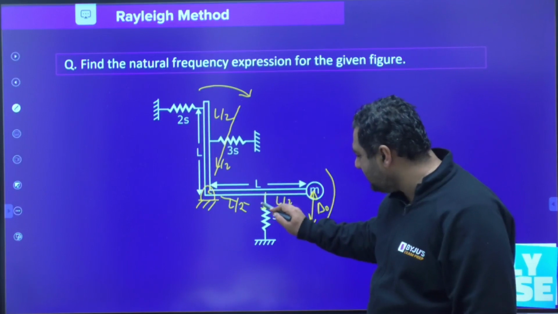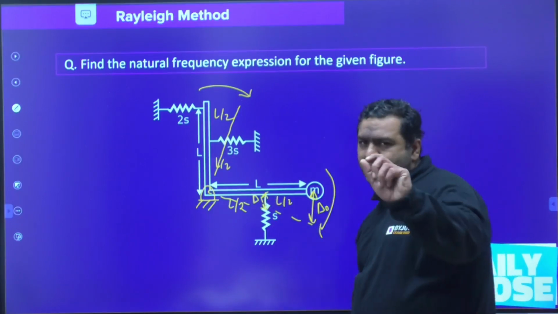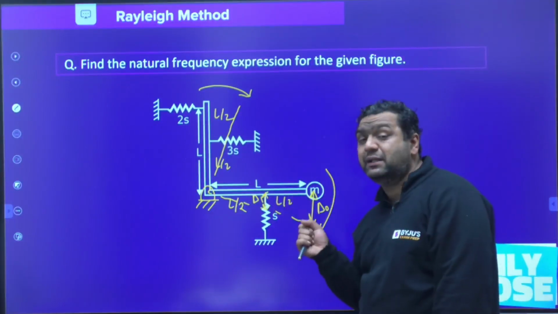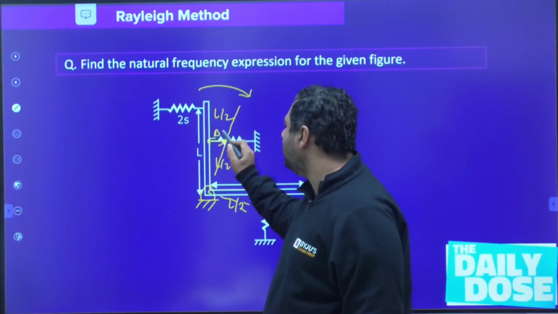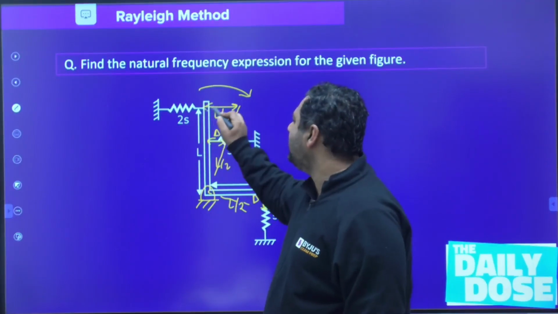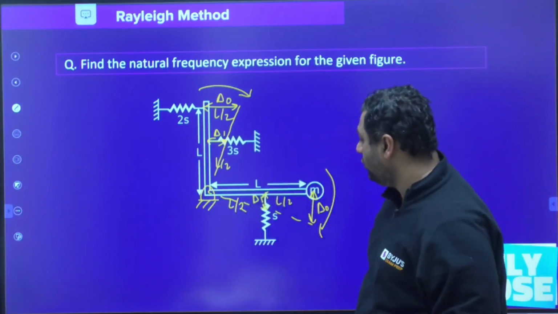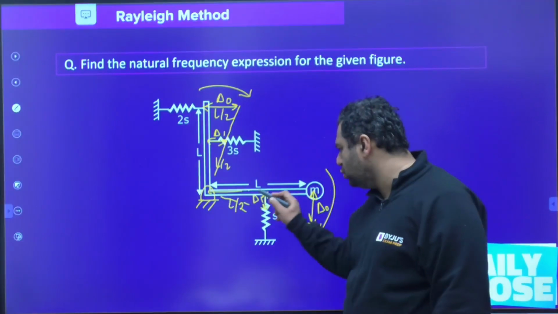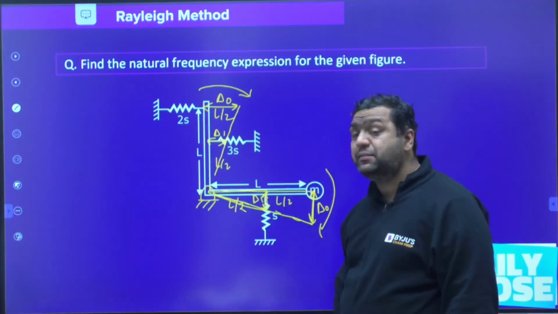We are considering that this spring is getting compressed by delta 1. Why will it happen? Because the spring is a deformable body, the mass will try to come down and the spring gets compressed. This spring is also compressed by delta 1, and this spring is expanded by delta naught. Now first of all we need to find delta naught. By symmetry, if you take two similar triangles, this and this, you may ask why they are similar.